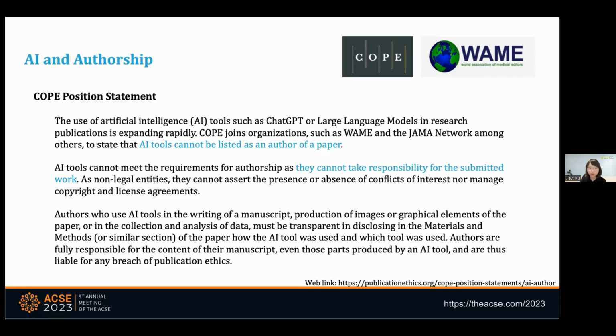Authors are fully responsible for the content of the manuscript, even those parts produced by an AI tool, and are liable for any publication ethics breaches.